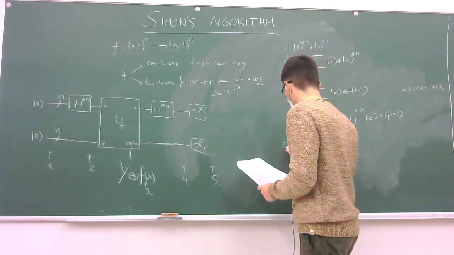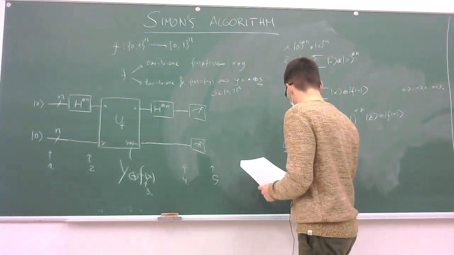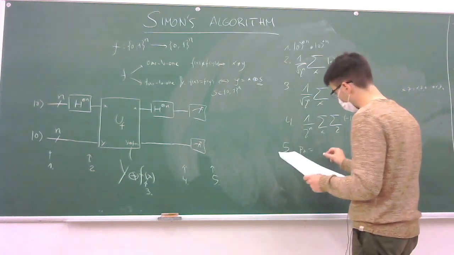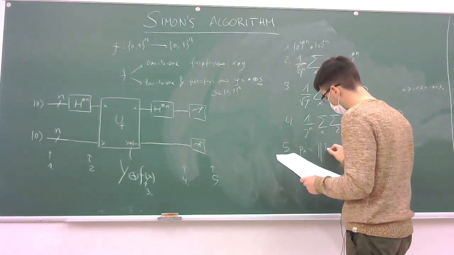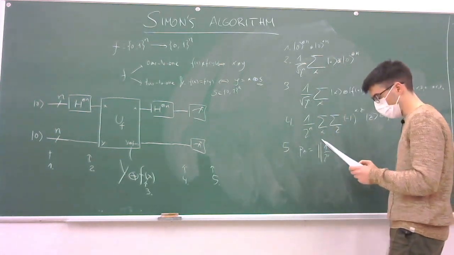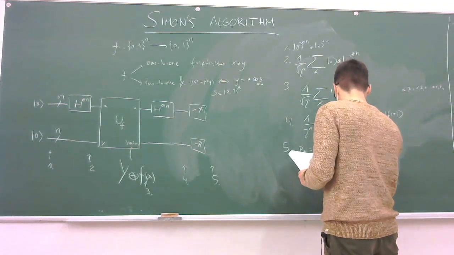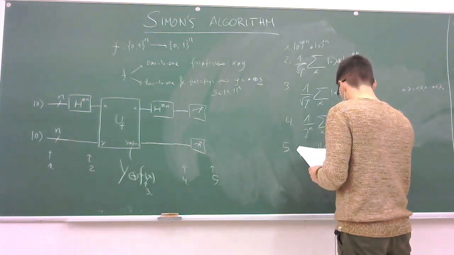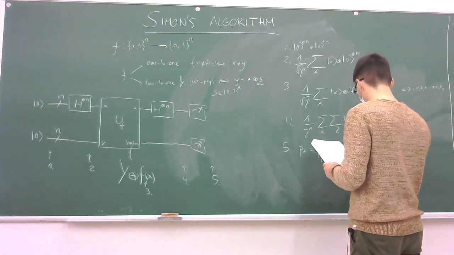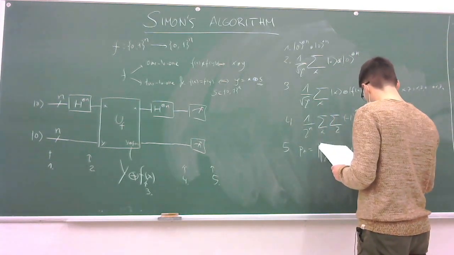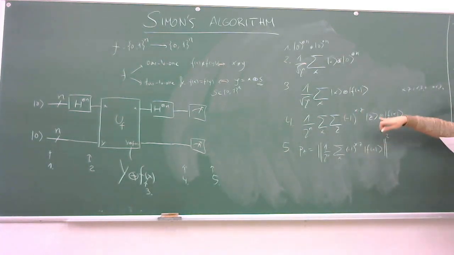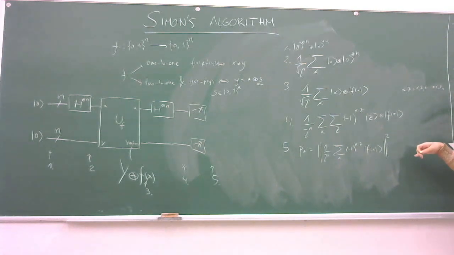The probability of a state z will be the norm of this state, the sum over all x of (-1) to the x times z. So I have done almost nothing here. This is the trivial part.